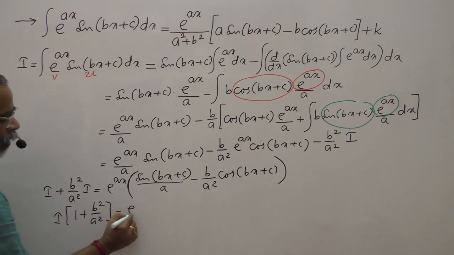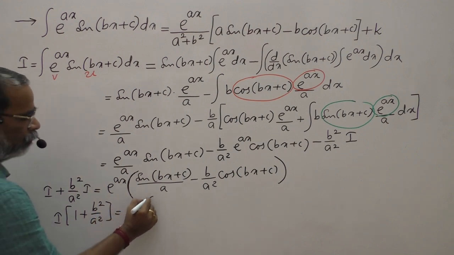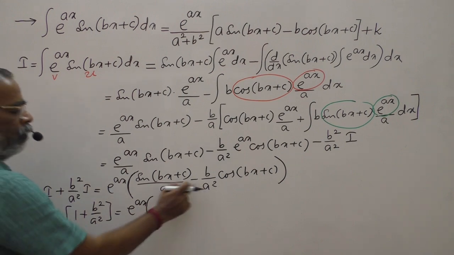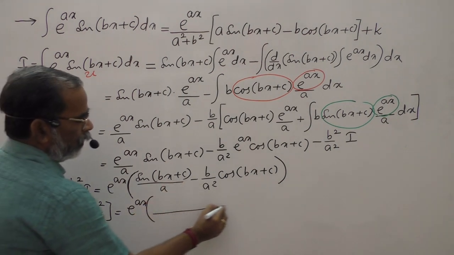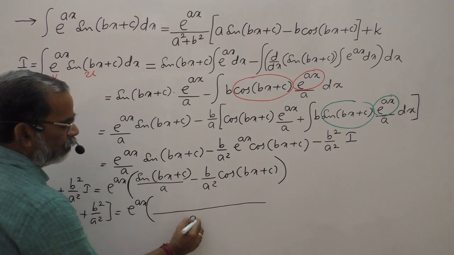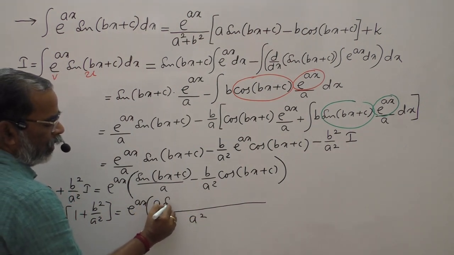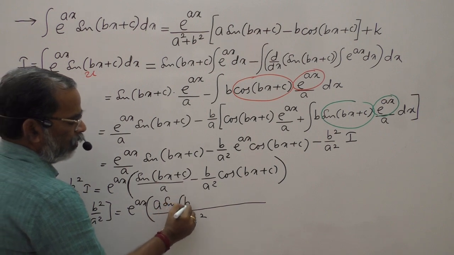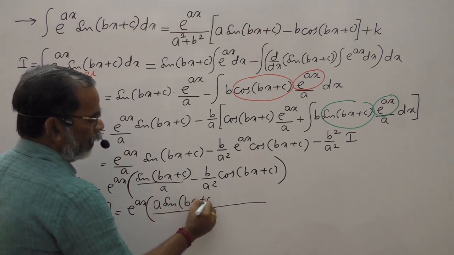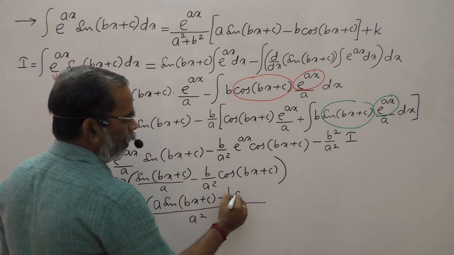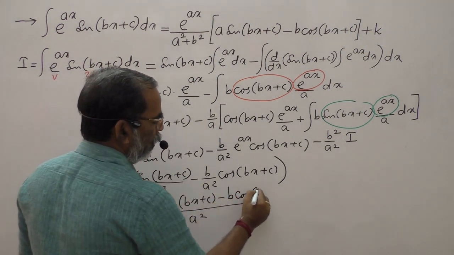Here you see e power ax. Here I will take again LCM. If I take LCM, a square is LCM. Here only a is there, no? Therefore I will get a into sine of bx plus c. Here already a square is there, no problem. We will get only this.